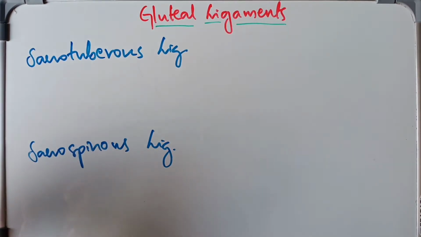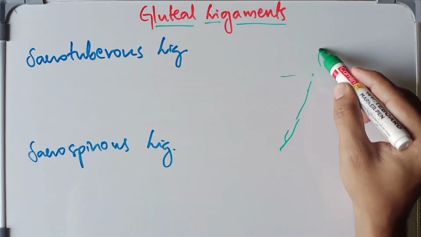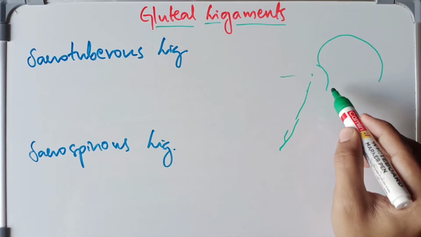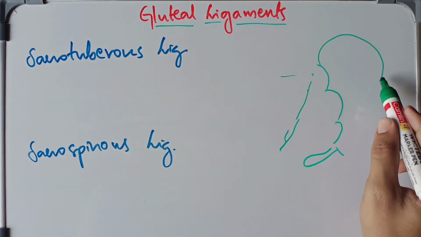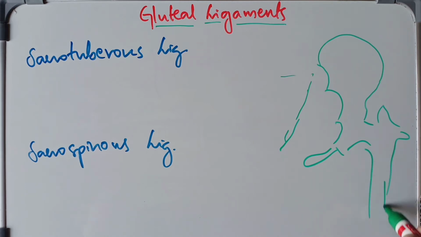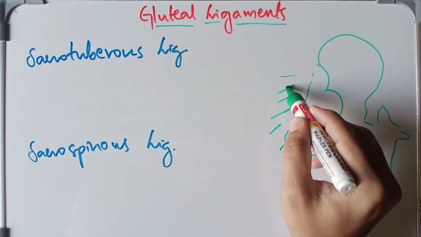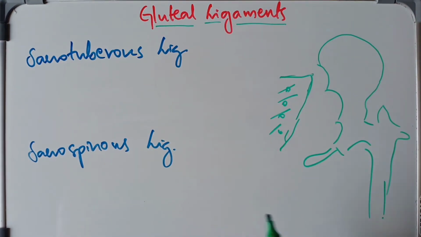We have two ligaments, the sacrotuberous ligament as well as the sacrospinous ligament. Actually, this is the sacrum and this is the hip bone. Sorry if my diagram is so bad. Alright, this is part of the sacrum, this is the hip bone, and this is the femur.